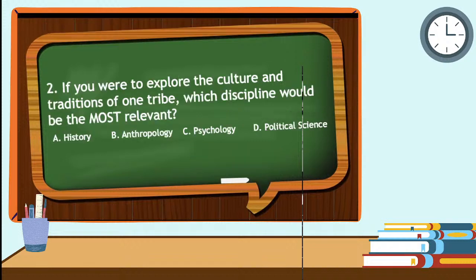Very good. So number 2, if you were to explore the culture and traditions of one tribe, which discipline would you find the most relevant? A. History. B. Anthropology. C. Psychology. D. Political science. Excellent. The answer is letter B, Anthropology.